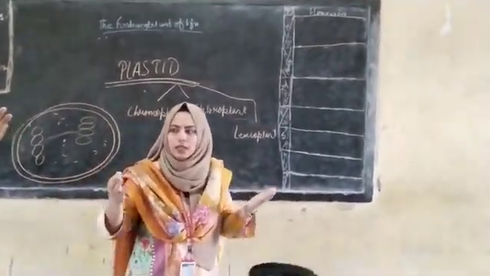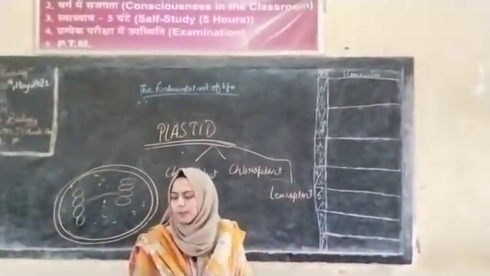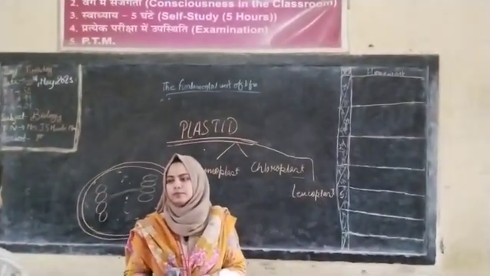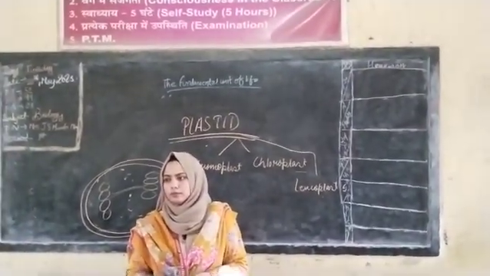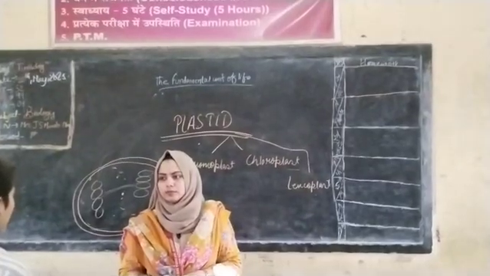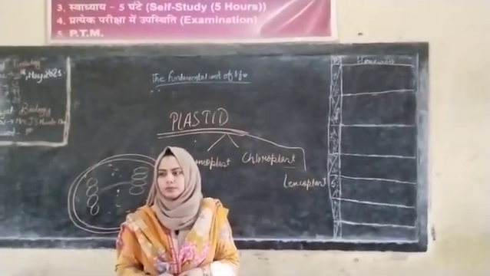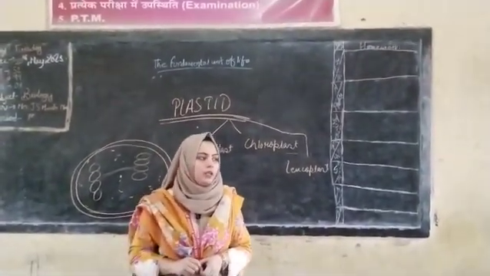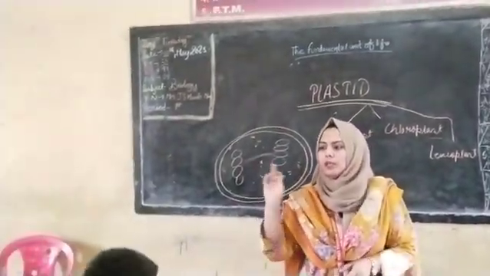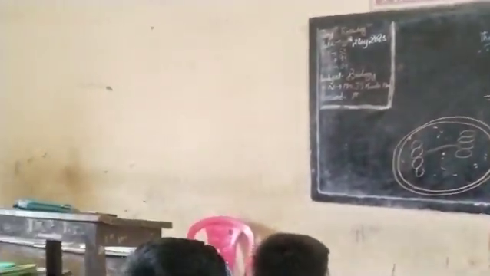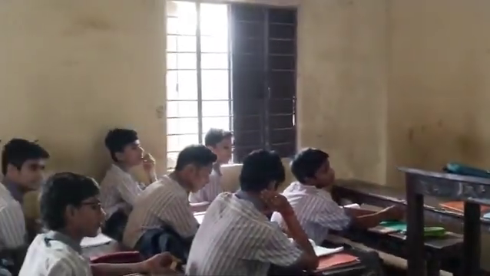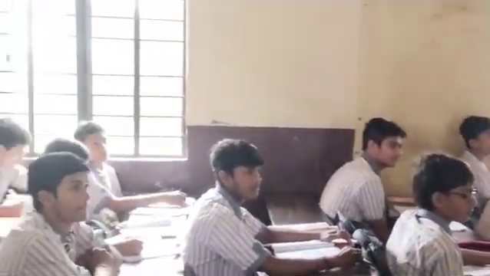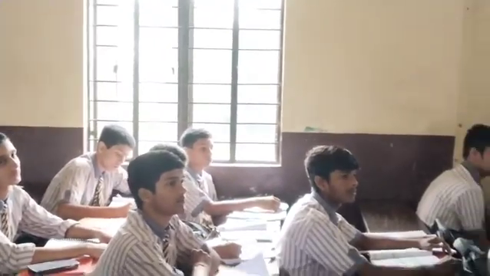Anyone else? Okay, Pratik. Plastid is called the semi-autonomous organelle because it has its own DNA and ribosome and are able to produce some of its proteins. Correct. You remember we discussed this topic earlier in mitochondria also. That mitochondria and plastids are known as semi-autonomous organelle because of the presence of its own DNA material, right?